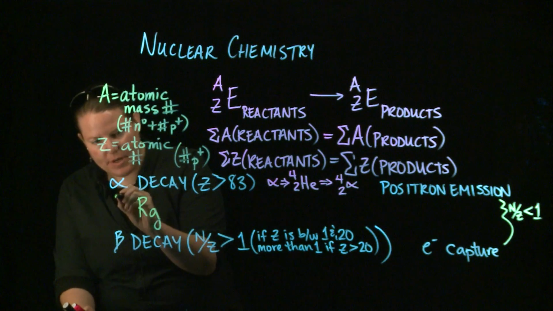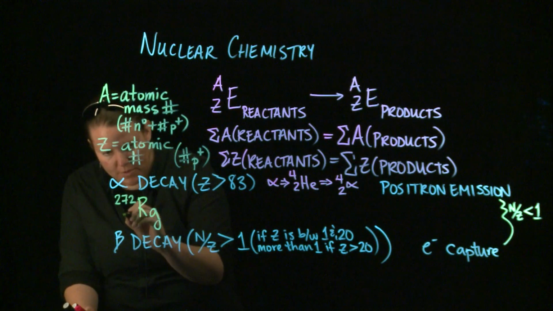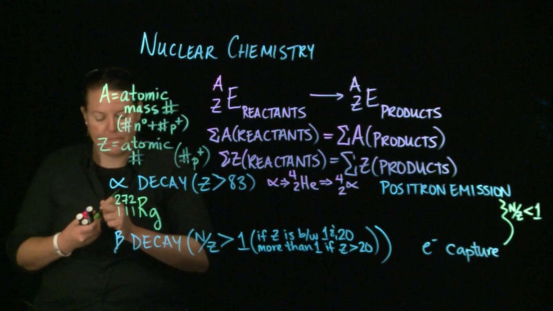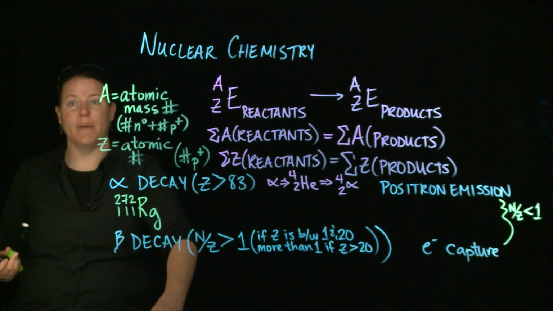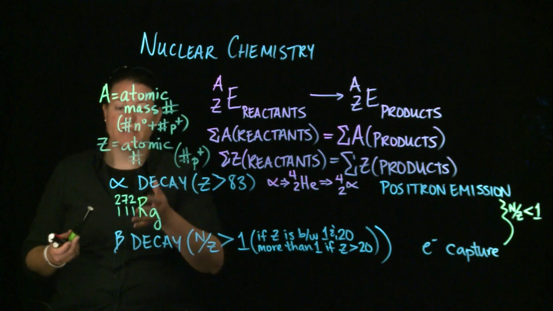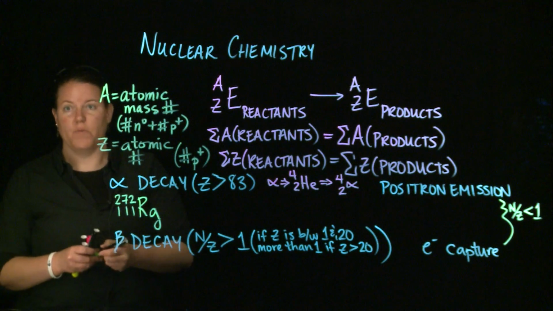Rg has one isotope. It's 272. You can always tell these that are man-made because they have the atomic mass, or the atomic weight, in parentheses, which means that they're man-made and there's only one isotope of them. And it has an atomic number of 111.